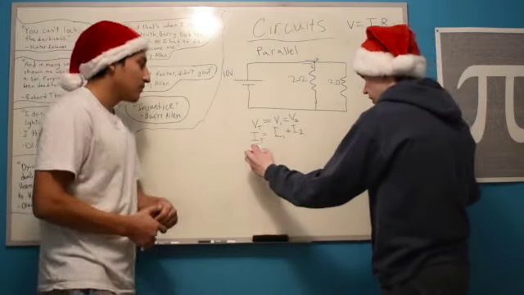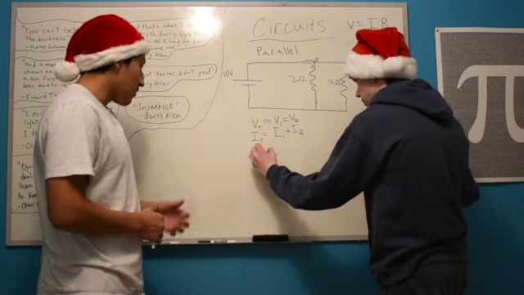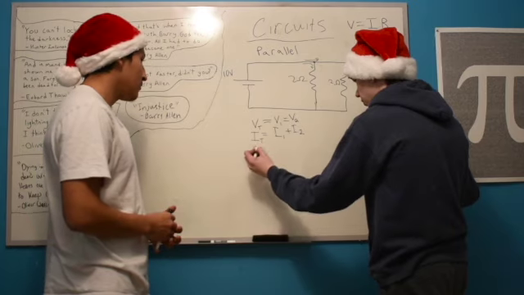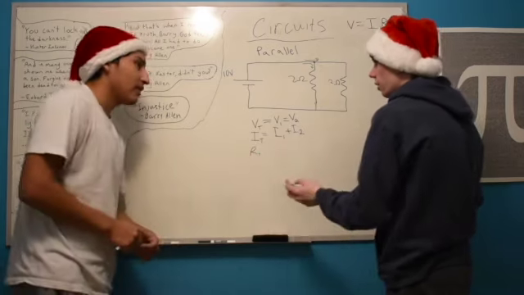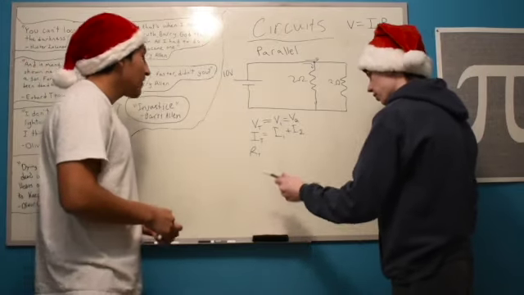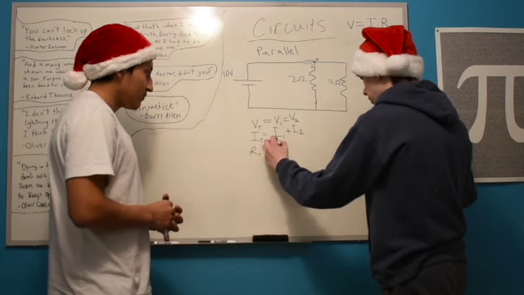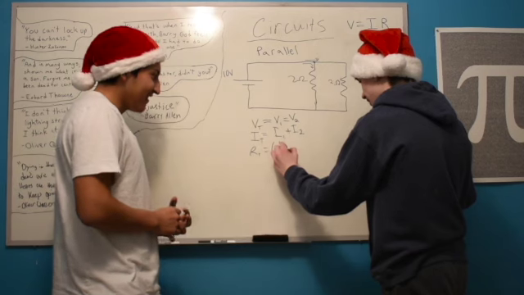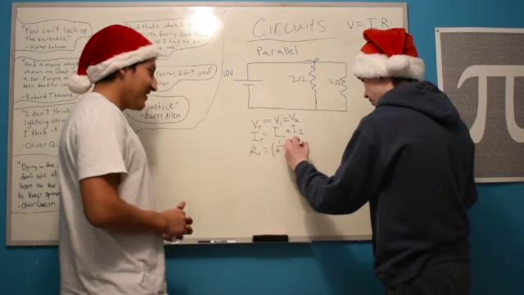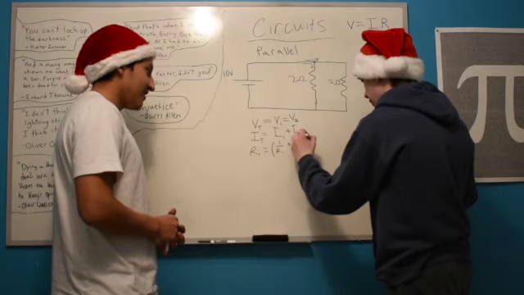And then the total resistance, R equivalent. That's only for a combination. Okay, so the total resistance is equal to the sum of the inverses, and then the inverse of that, so raised to the power of -1.